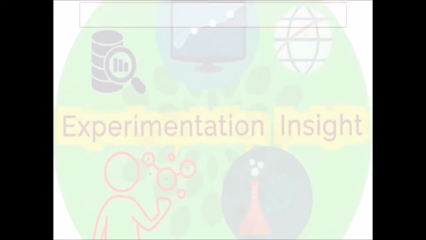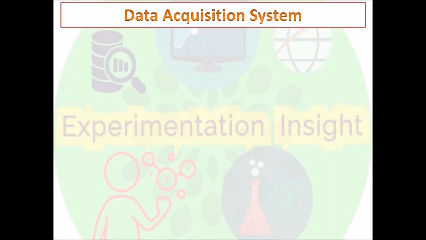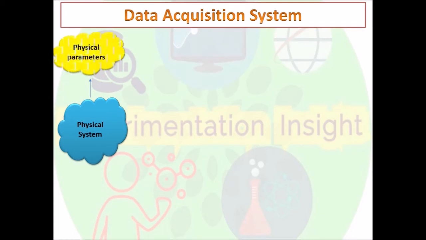Now we'll see the principle of operation of a data acquisition system. We know what is meant by physical systems, we have seen some examples, and we know several physical parameters from physical systems such as temperature, pressure, vibration and sound. To convert these physical parameters into electrical signals, we use sensors or transducers.